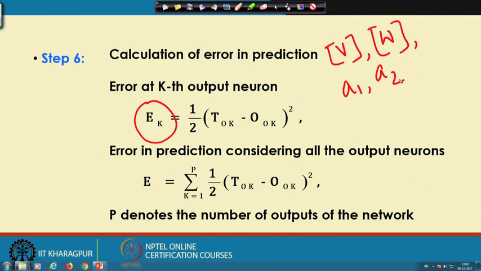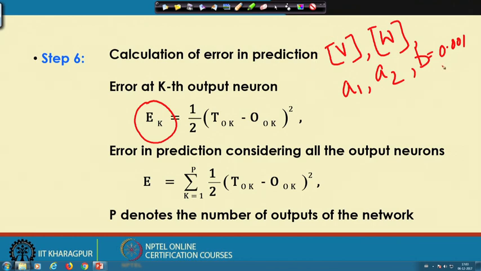Sometimes we use some sort of bias value, and here for simplicity I did not consider the bias. Bias is actually a small value, might be 0.001, something like this. So, this is a fixed value. The performance of the network depends on all such parameters.